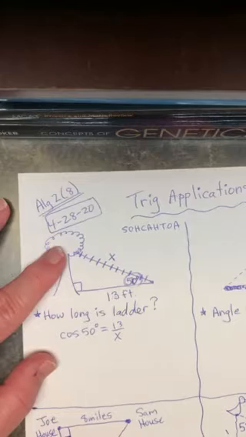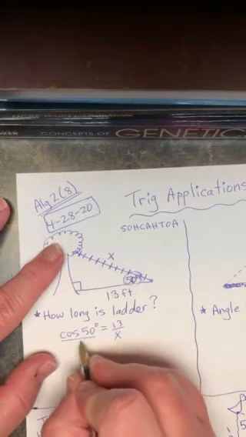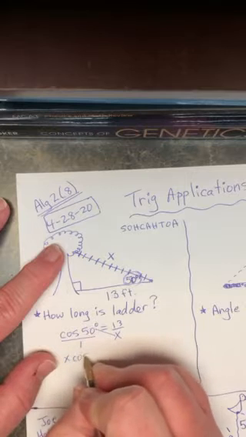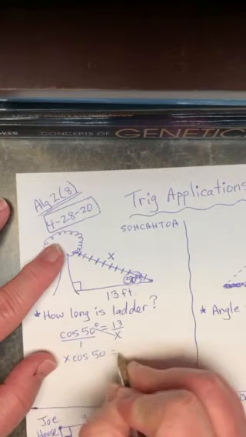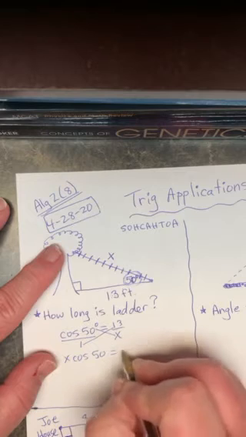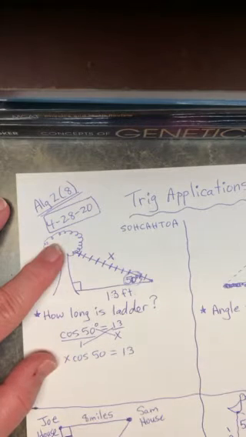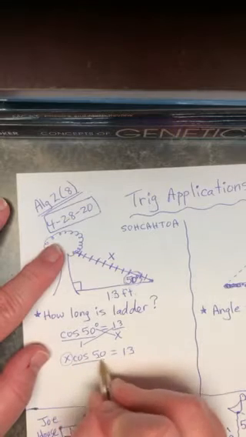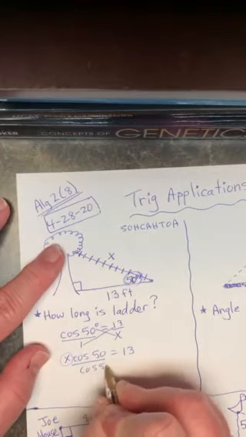Now careful, the x is on bottom. So when I put this over 1, I would cross multiply and get x cosine of 50 equals, isn't 1 times 13, 13? So now to get that x all by itself, I divide by the cosine of 50.